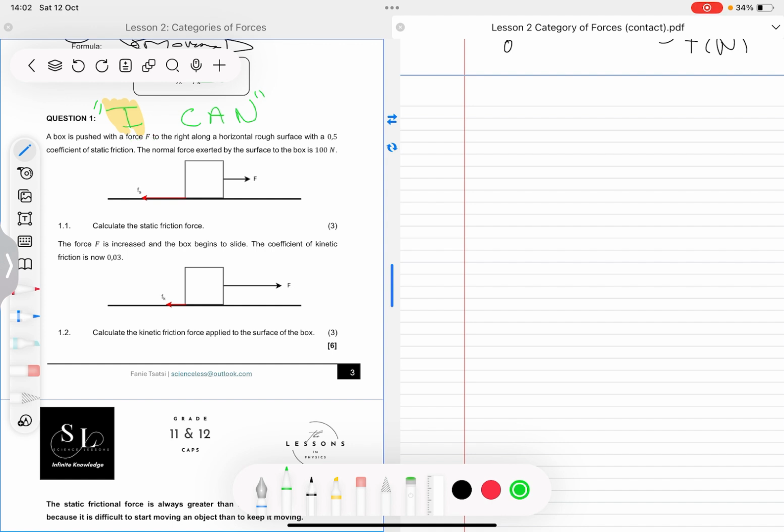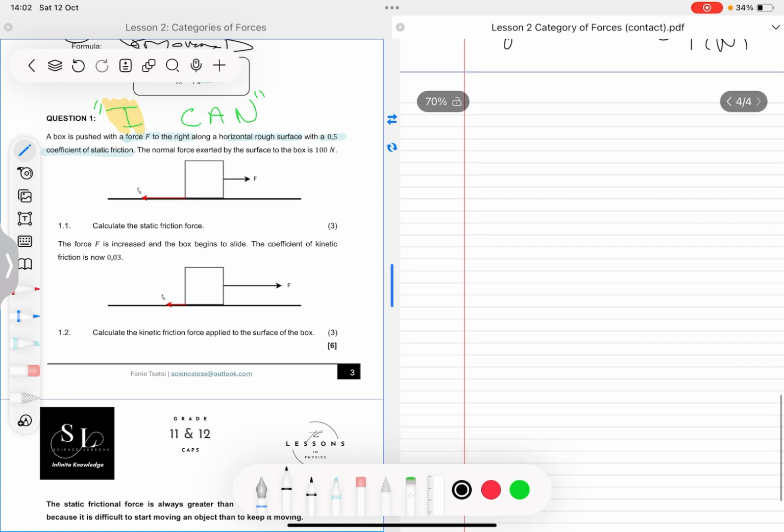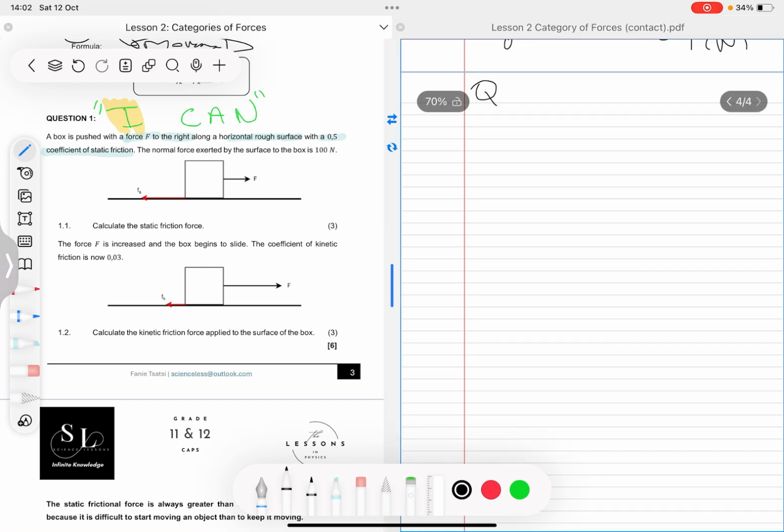Let me get my highlighter. A box is pushed with a force F to the right along a horizontal rough surface with a 0.5 coefficient of friction, right? One thing that quickly comes to mind when tackling this question is to choose my direction.